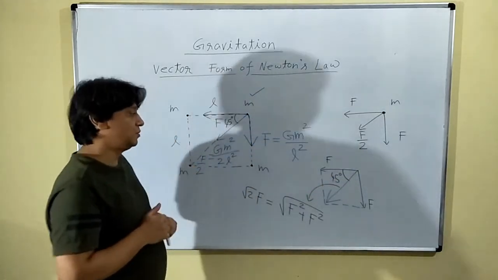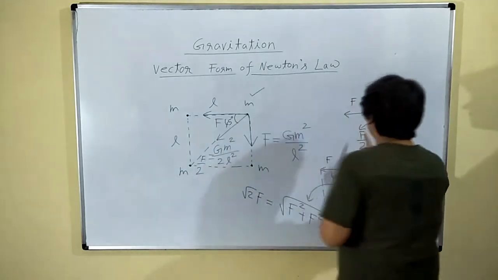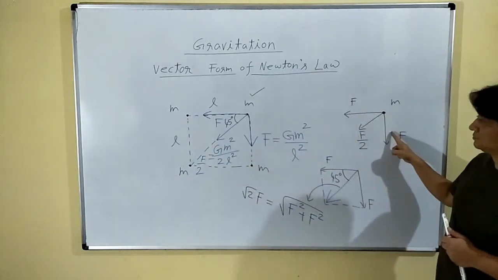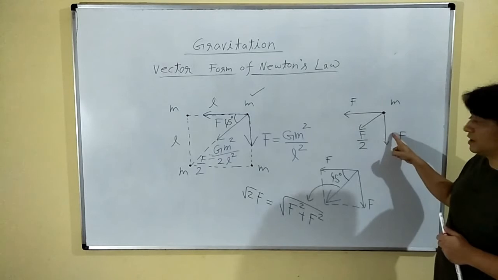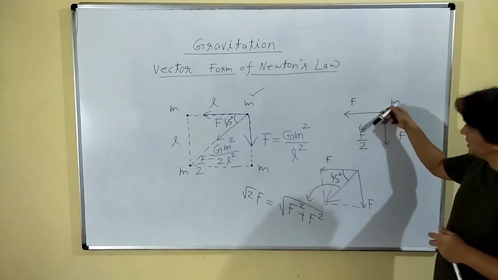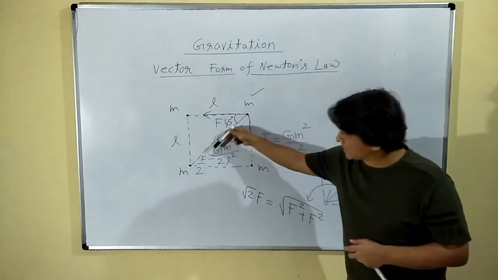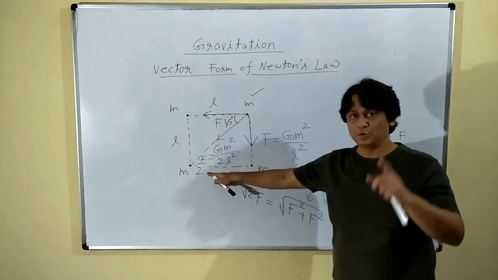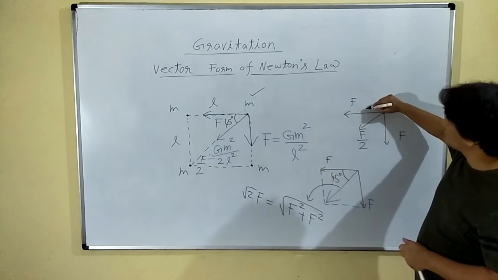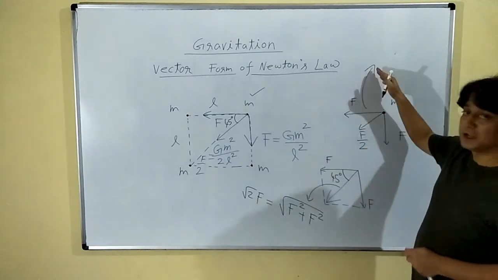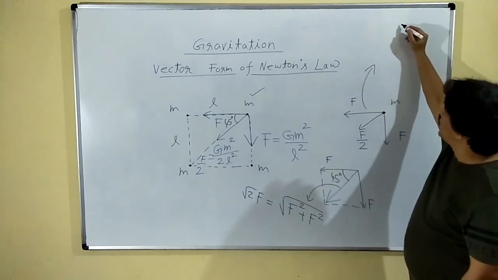What is the benefit? We saw that the resultant of these two is in this direction, in the direction of F by 2. Which means this whole thing is equivalent to what?